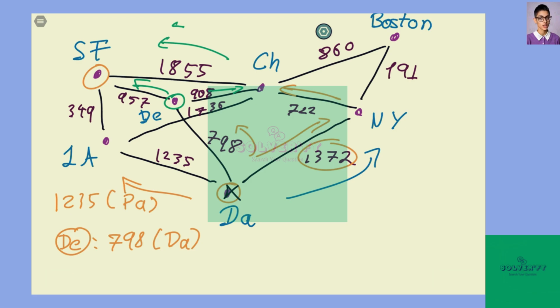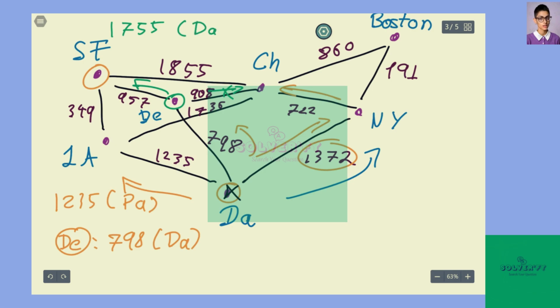So we can discard that from just doing this analysis. It clearly will not correspond to an optimum path. So from Denver, we can go directly to San Francisco, and the distance to reach San Francisco will be 798 plus 957. So the total distance is 1,755, and the path is Dallas and Denver.